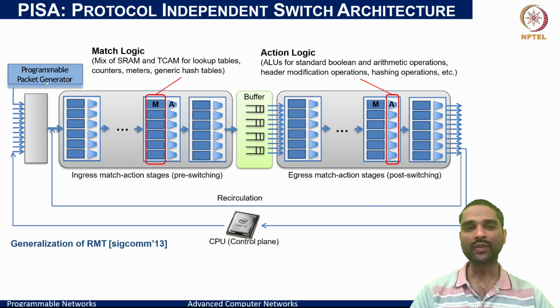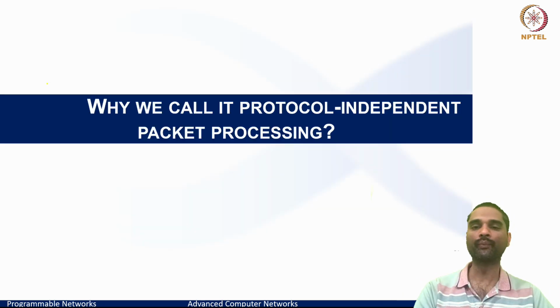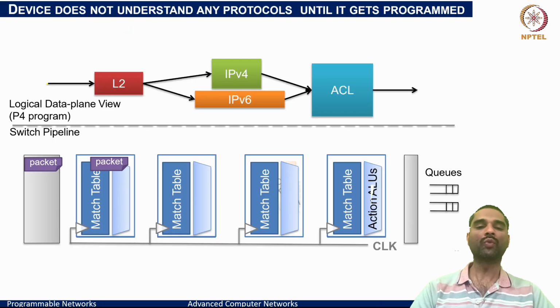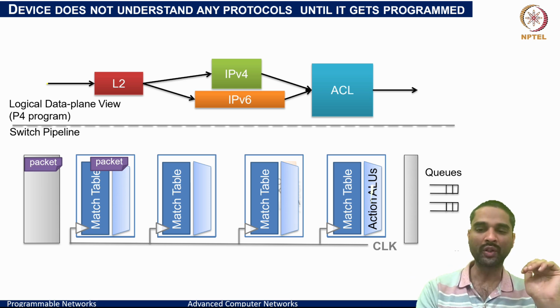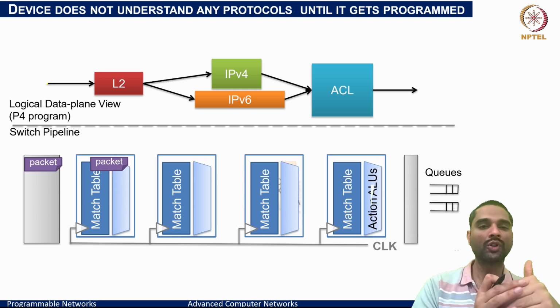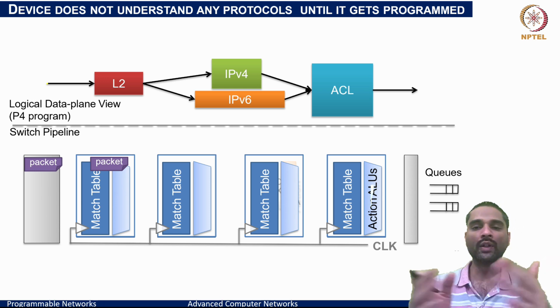And this provides very simple abstractions, as we saw earlier, presenting us the means to build switches that are programmable. So the question comes: why would we call it protocol independent packet processing? In essence, what we have tried to build is a device, which is at the bottom here, the switching pipeline, that has no notion of what is L2, what is L3 or L4.